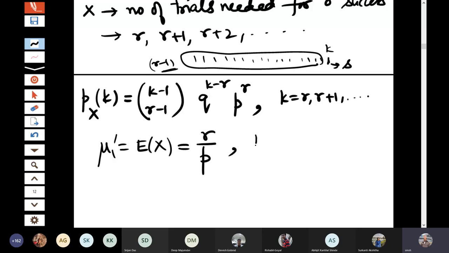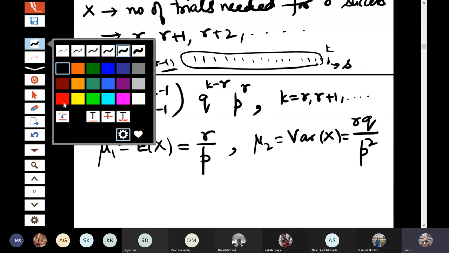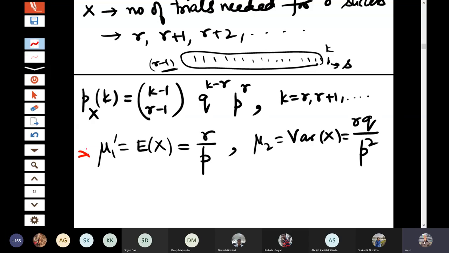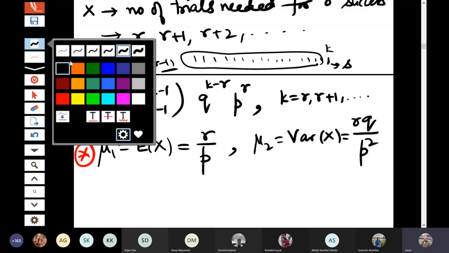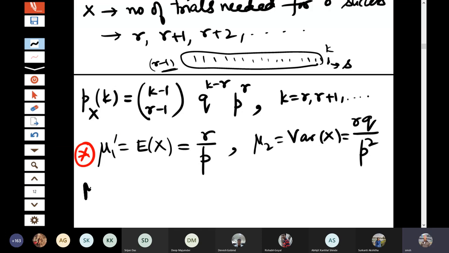In a similar way, mu2, that is the variance of x, becomes rq by p square. I will not be getting into the higher order moments. Let me put this for you to check all these things. Just try to work it out. This is of course a very simple calculation because I have already written the formula, so you just have to apply it. What is the moment generating function here?